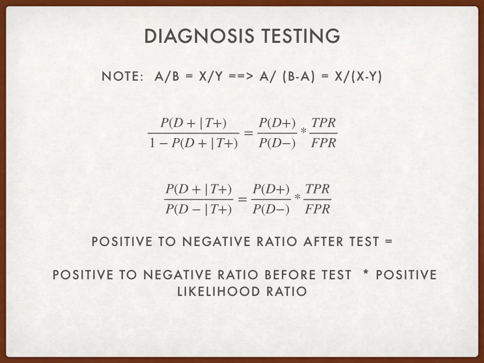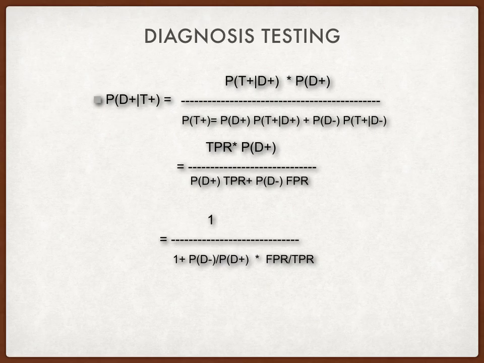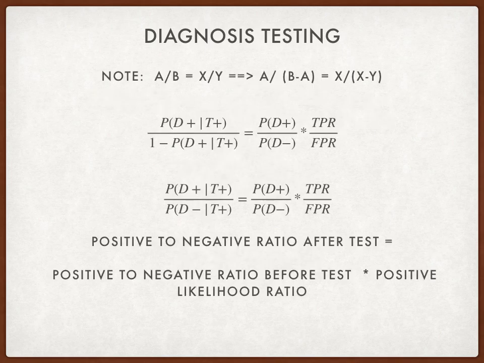We do the same thing to both sides of this equation. On the left, we have the probability of the actual condition existing given the test is positive. This is on the left side. This is on the right side, and we apply this formula, right? And this is what we get.